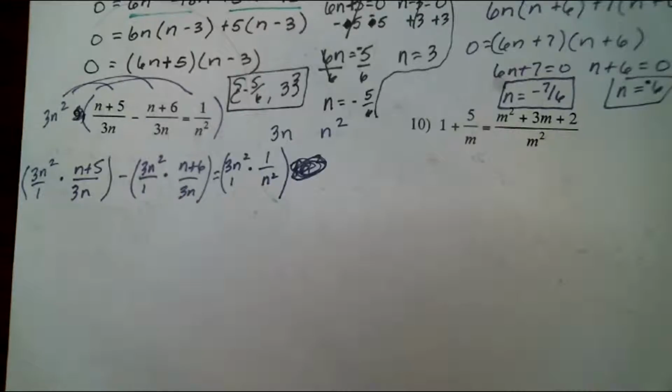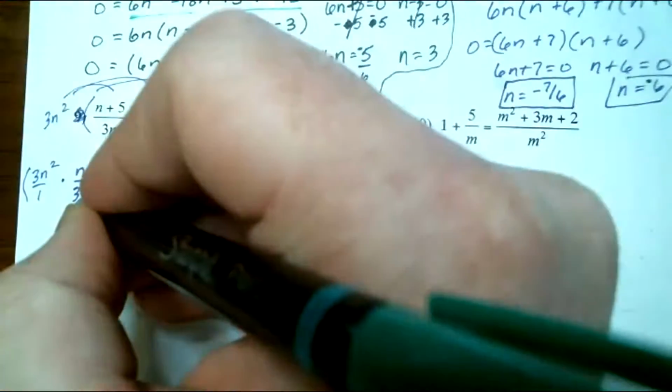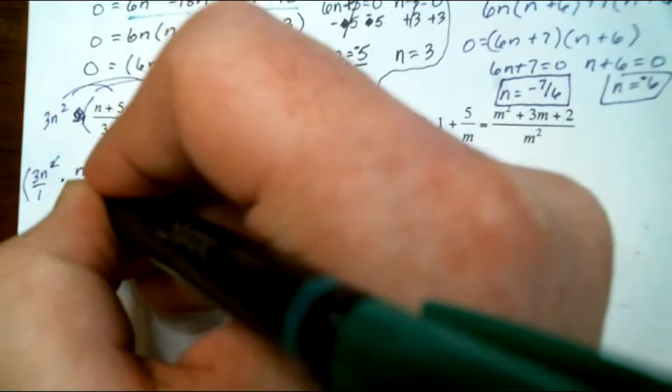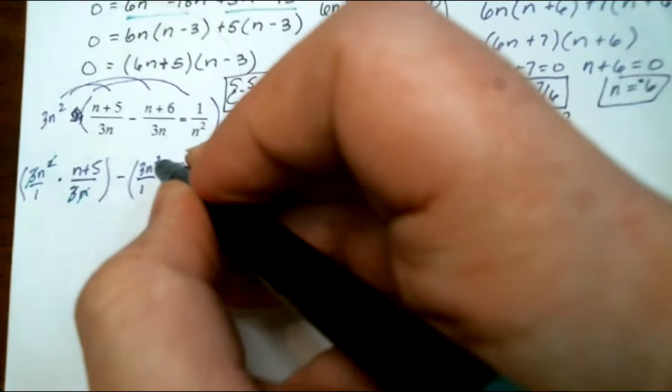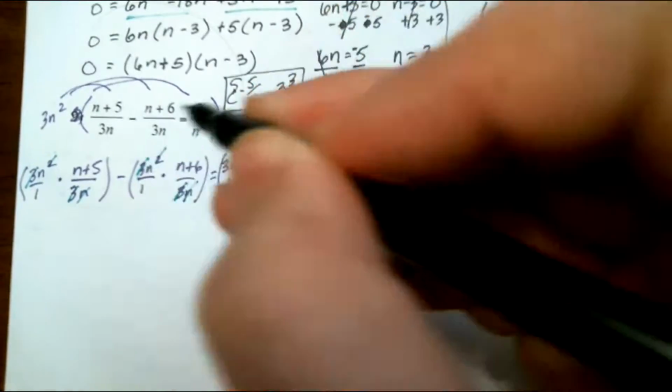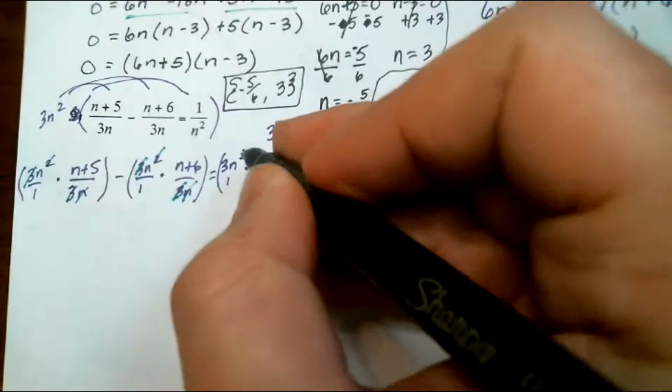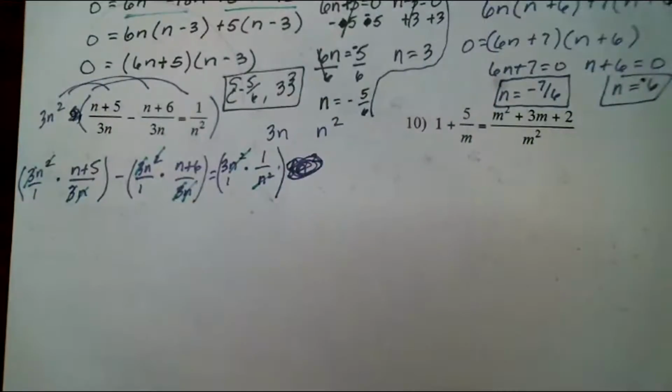All right, let's cross simplify everything. So cancel an n with an n, cancel 3 and 3, cancel n and an n, cancel 3 and 3, cancel n squared, and cancel n squared.